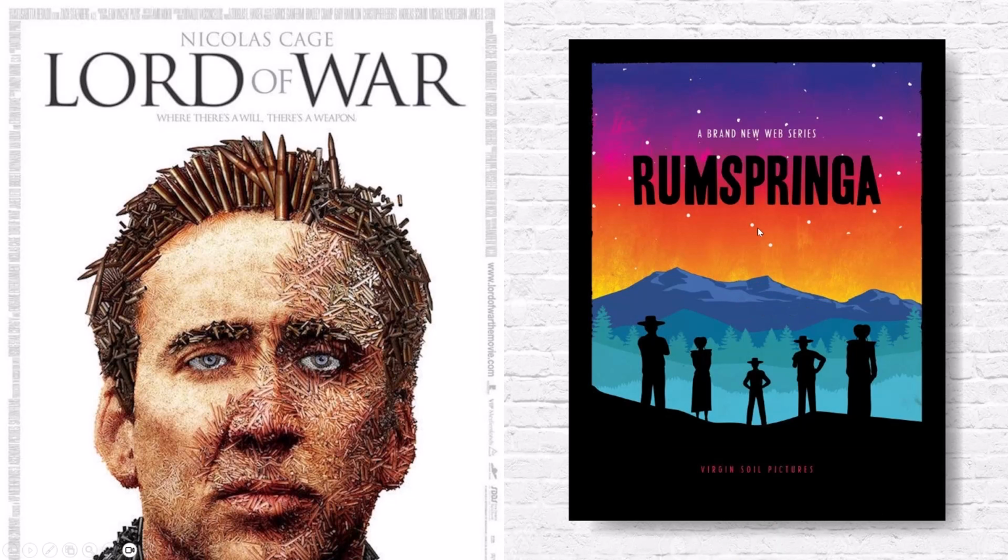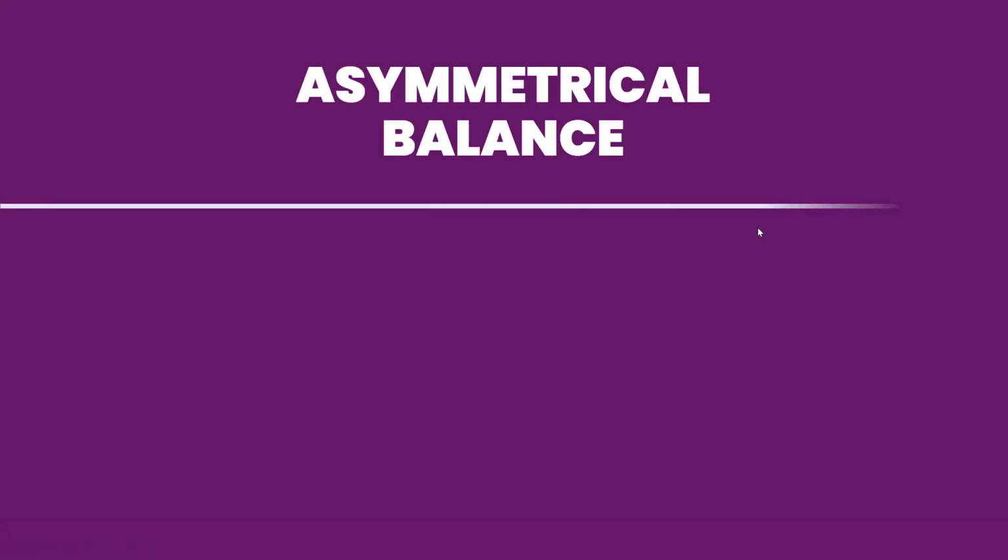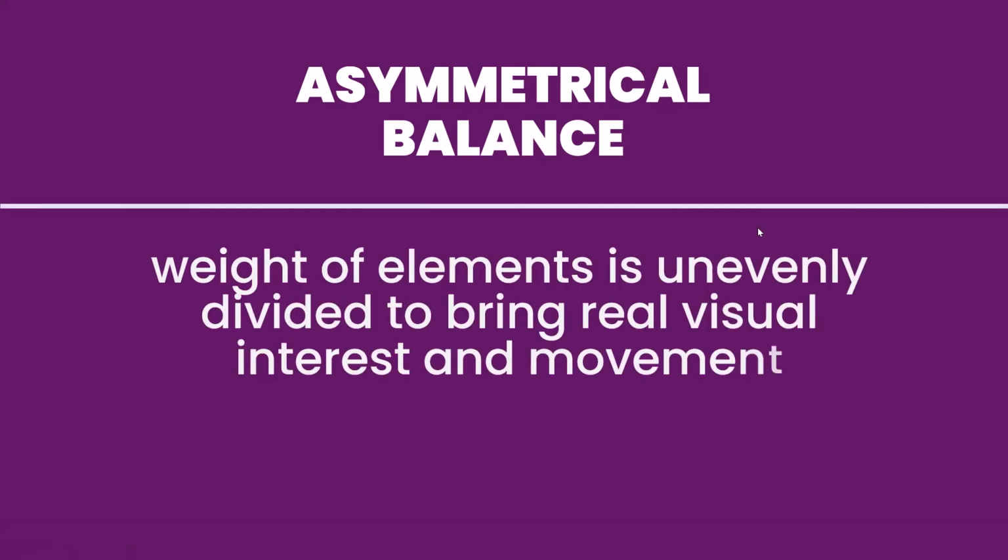The next is asymmetrical balance, and asymmetrical balance is simply the opposite of symmetry: uneven weight. It's about unevenly distributing visual elements in a design. If you want to draw attention to a particular point of your composition, or if you want to show a form of movement, then you can use asymmetrical balance.